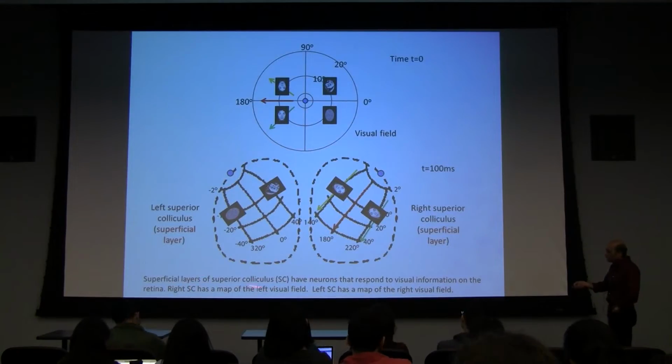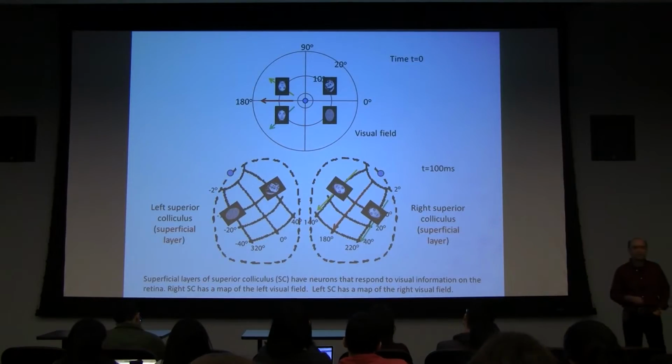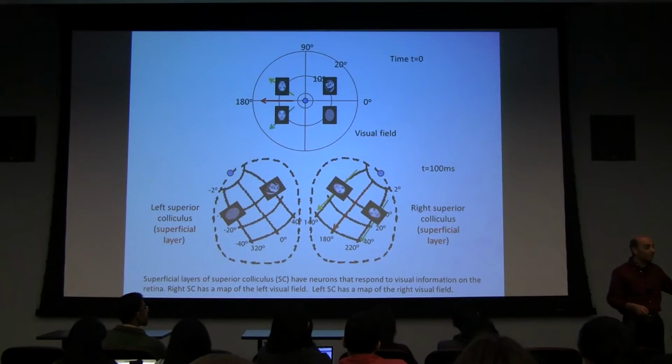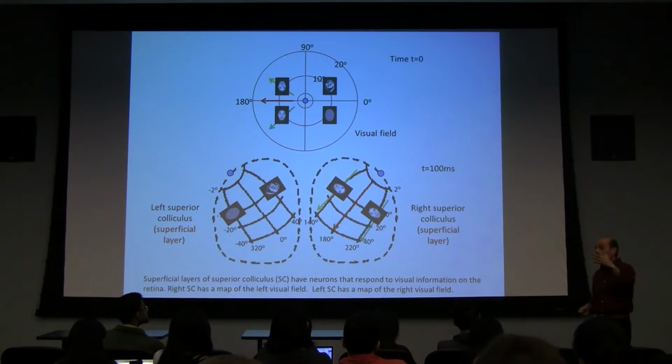The right visual space is on the left colliculus and the left visual space is on the right colliculus. The superior colliculus is getting direct input from the retina. In animals like frogs, that's how they move: a bright light goes on, they hear a sound, and they make a movement.